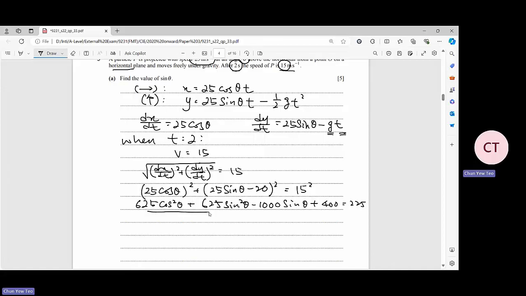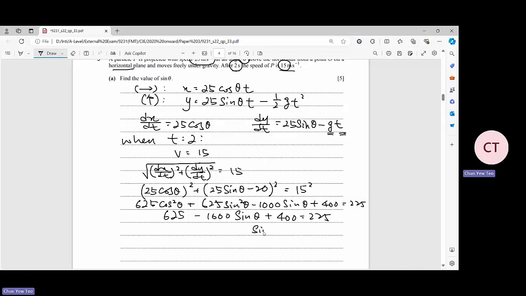We know that these two can become 625 because cos square plus sine square is 1. So we get 625 minus 1000 sine theta plus 400 is equal to 225.